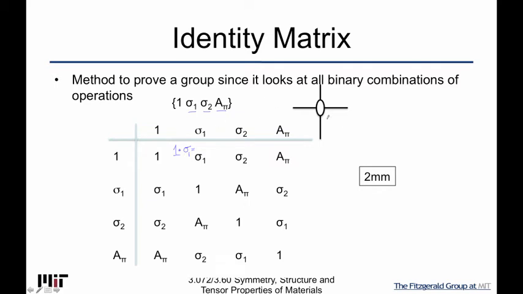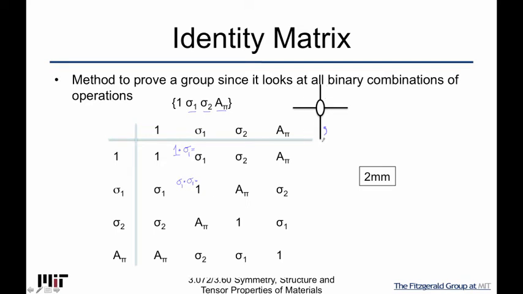If we were to look at our motif and start off with some object here, remember, we're trying to say what this equals, but we're taking this one, sigma 1, operating on it with sigma 1, and we get 1.